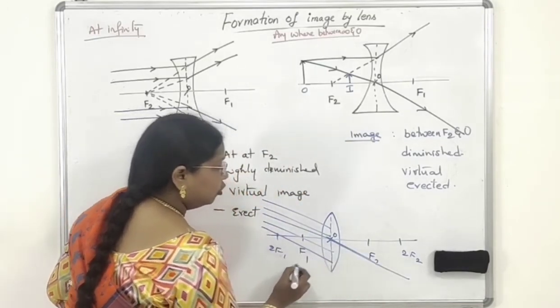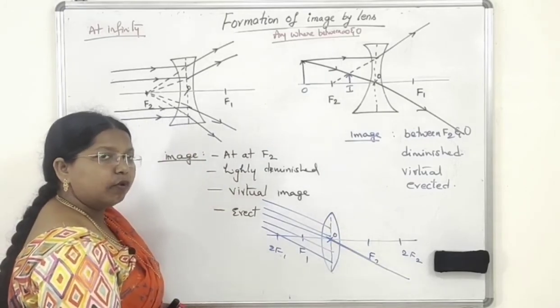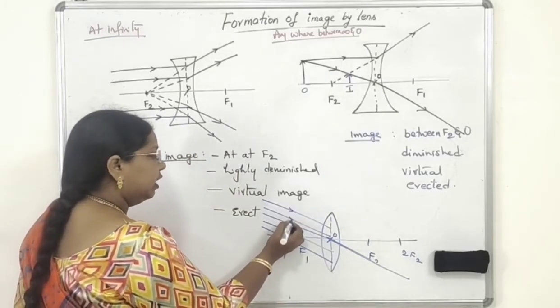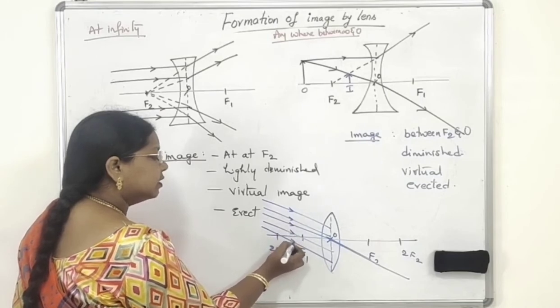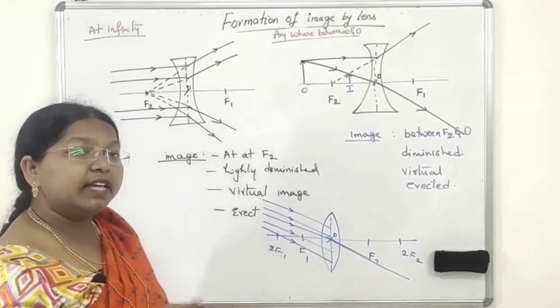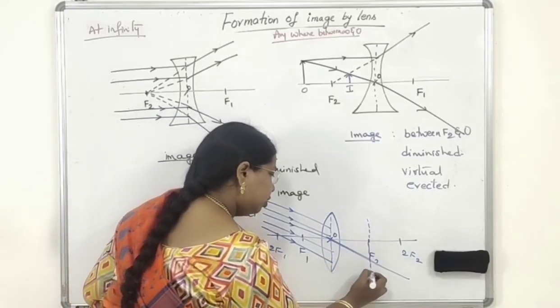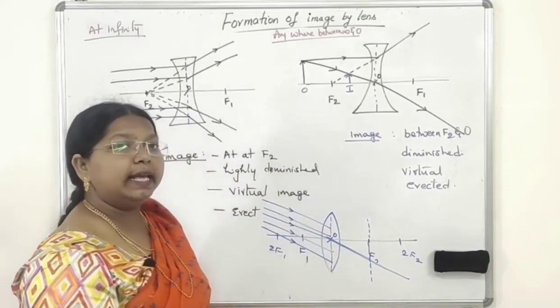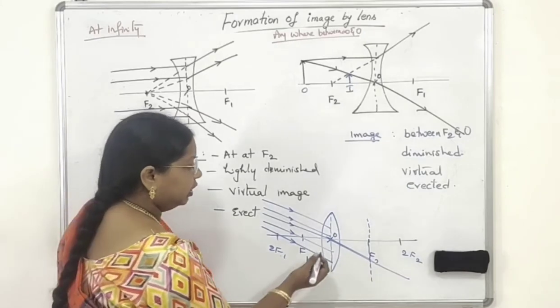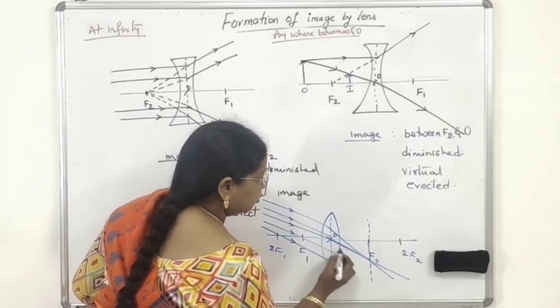Which are not parallel to principal axis. Then where will the image be formed? If they are parallel to principal axis, formed at F2. If they are not parallel to principal axis, the image is formed on the focal plane. So they all pass through this point.